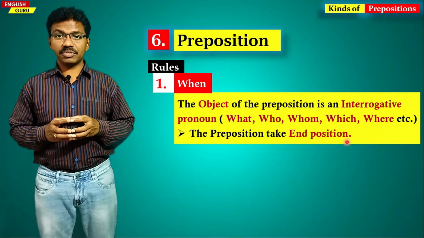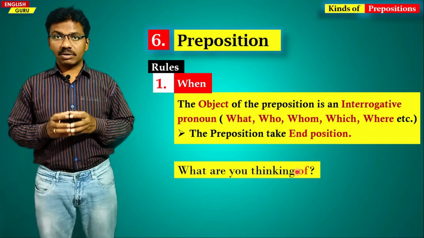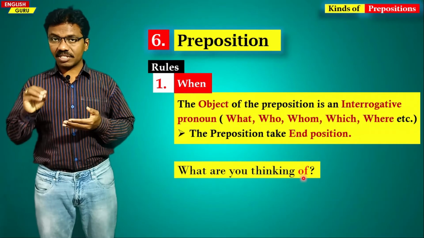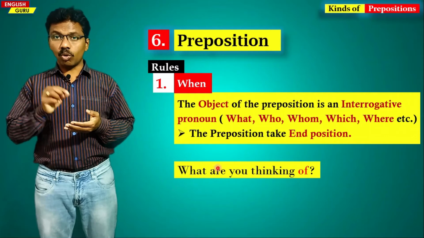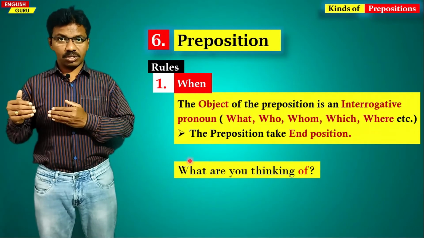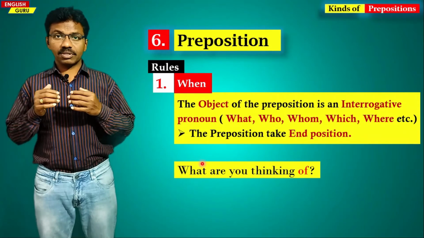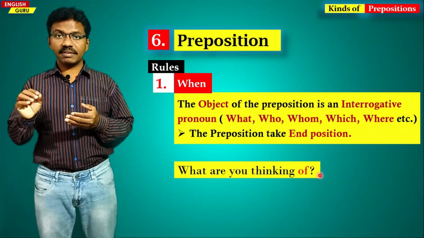For example, in the sentence, what are you thinking of? The word of is placed at the end of the sentence. And what is the object of this of? Of course, what, which means you are thinking of what. So what is the object of the preposition. That's the reason it is placed at the end of the sentence.